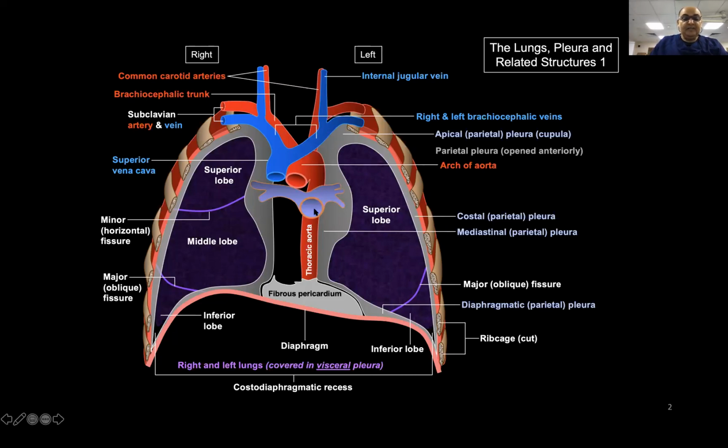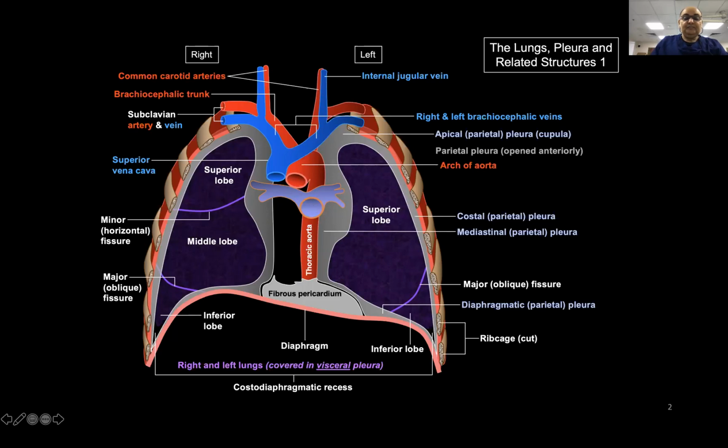Now, what is this? This is my pulmonary trunk. When all the body blood from above through the superior vena cava and from below through the inferior vena cava reaches the right atrium of my heart, it is pushed into the right ventricle, and from the right ventricle it is pushed for pulmonary circulation. It has to go to the lungs.